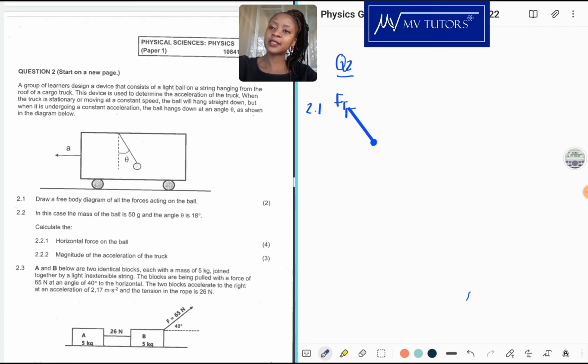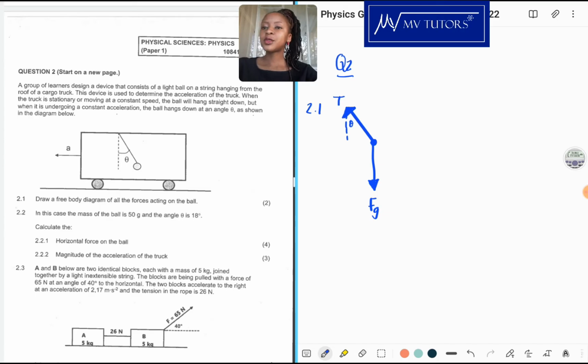I don't know if you put it as FT, as in force of tension, or just a capital T. Another force acting on the ball is gravity, so FG or W. I prefer putting FG. I think those are the 2 marks that they want. If you wanted to be fancy, you could indicate theta here. But don't forget to show your arrows. And that is your 2 marks.